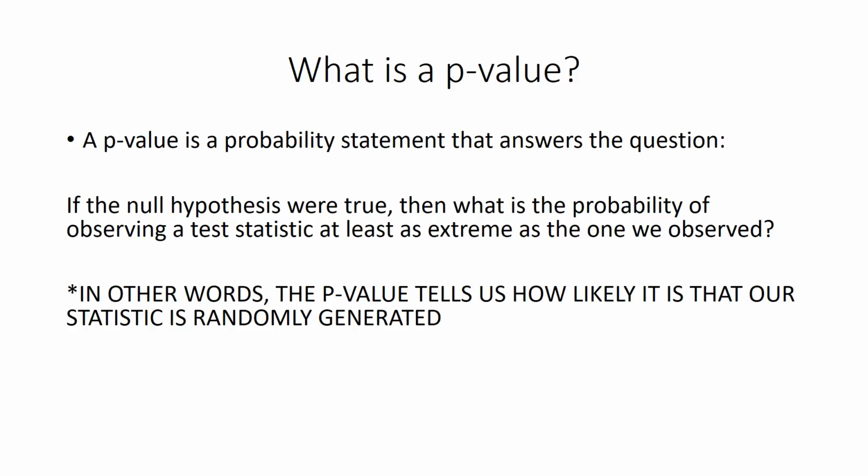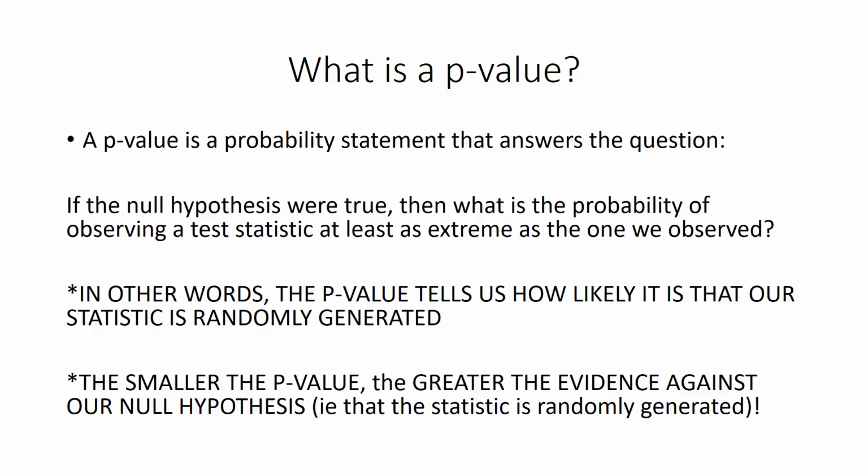Which means, conversely, that when the p-value is very small, that tells us that we have enough evidence so that we can reject our null hypothesis and start understanding why the data that we're looking at is different from what is known or is different from some random process. So the smaller the p-value, the greater the evidence that we have to reject our null hypothesis. The larger the p-value, the more likely we are to say that our data fits within what is known or that our data is randomly generated.